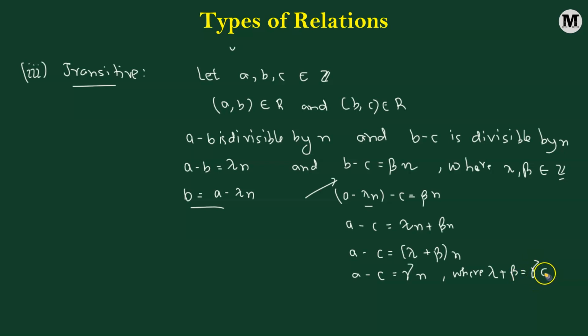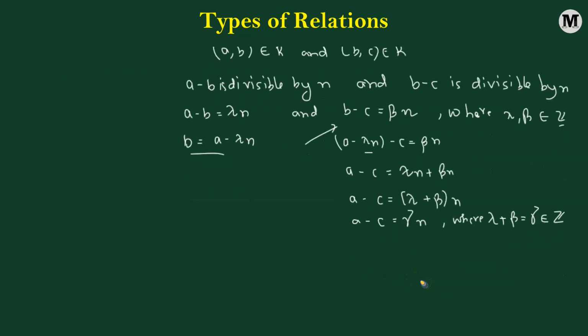So here we have gamma which belongs to the set of integers. So we were able to show that A minus C is also a multiple of N, or in other words we can say A minus C is divisible by N, or we can say A comma C belongs to the relation R.